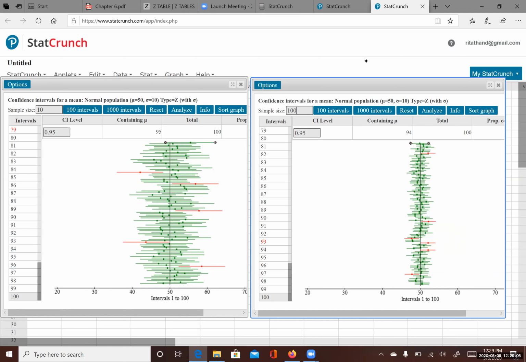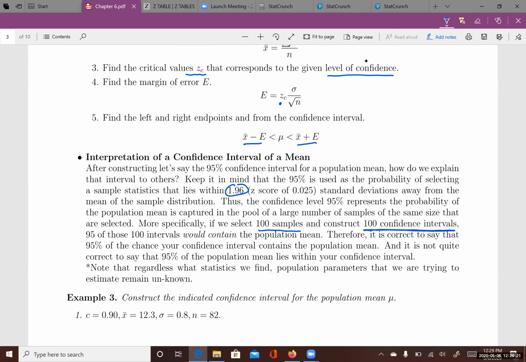The reason is that when I increase my sample size, I decrease my margin of error. Remember, the margin of error is calculated using the standard deviation divided by the square root of n. So if n increases, then E decreases because n is in the denominator.